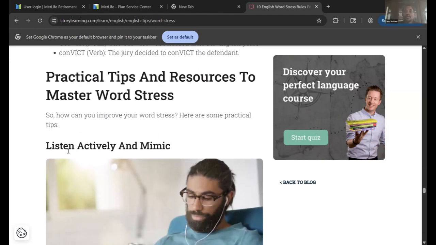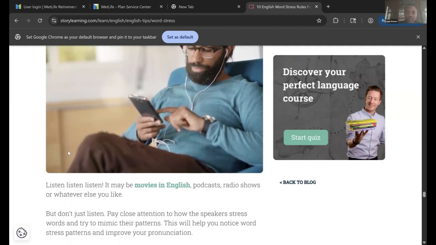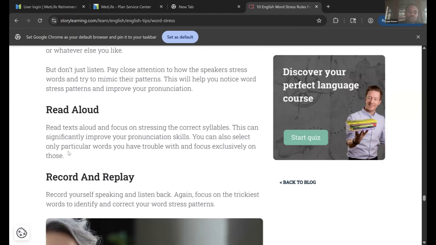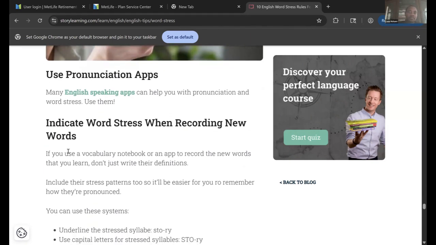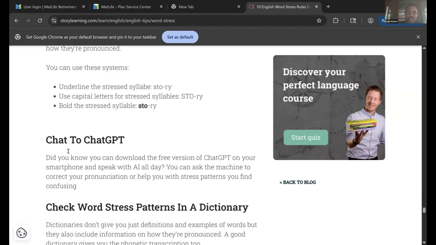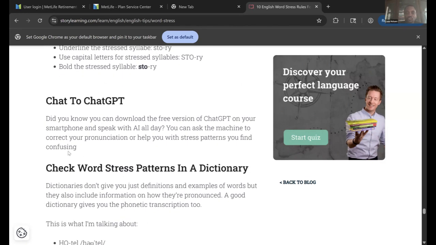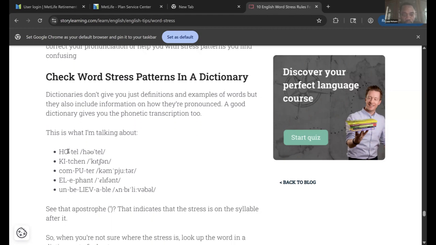Okay. Now, practical tips and resources to master word stress. So you could mimic an expression, right? You could read aloud, you could record, or you could replay. You could use any pronunciation app. You can indicate word stress when recording new words. Those are little tiny things that you could do. You could also use ChatGPT that could help you. You could check word stress patterns in a dictionary. That could also be possible.